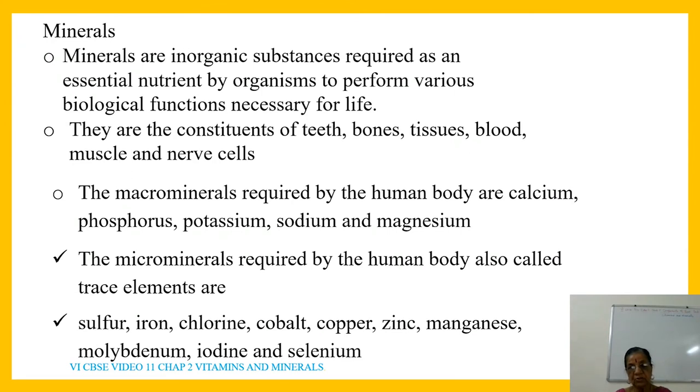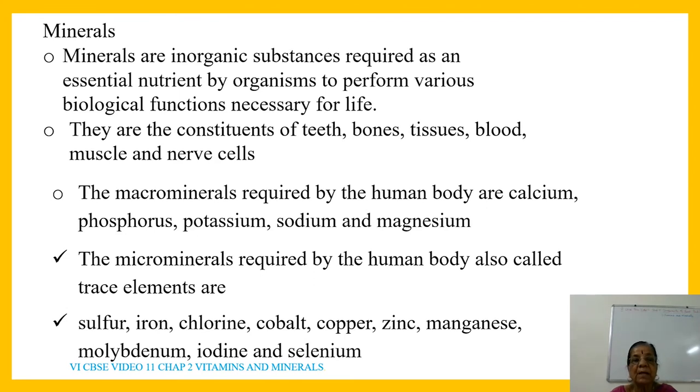And these minerals are sorted out as macro minerals and micro minerals. All of them are required in minute quantity, but still they are categorized as macro minerals and micro minerals.